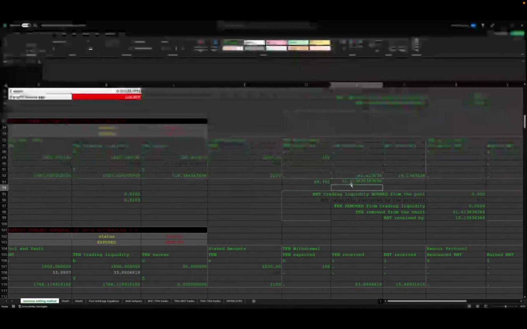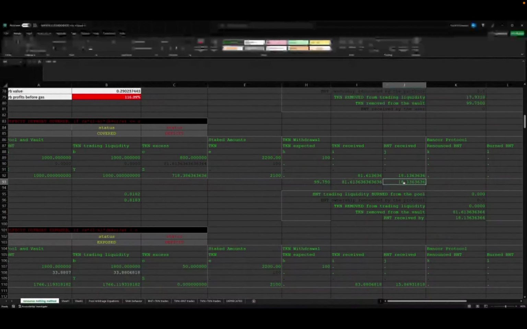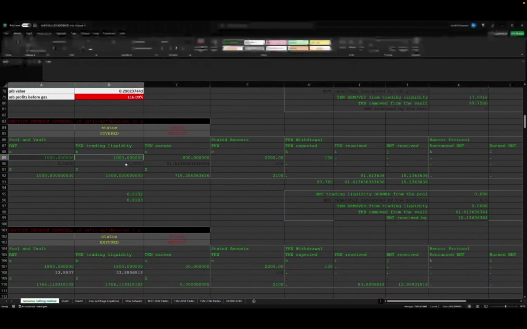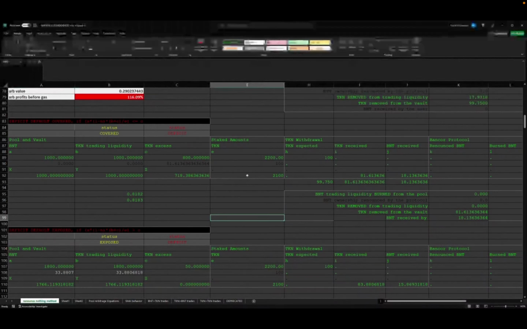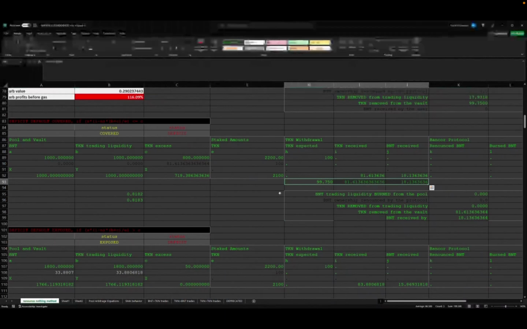They received 81 TKNs in total, and the difference between those two numbers is 18.13. And because BNT and TKN in this particular situation is worth exactly the same amount, then that's the amount of BNT that they should receive, and that means that the total protected valuation of their position is maintained.